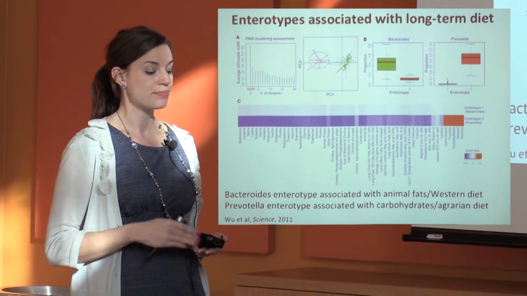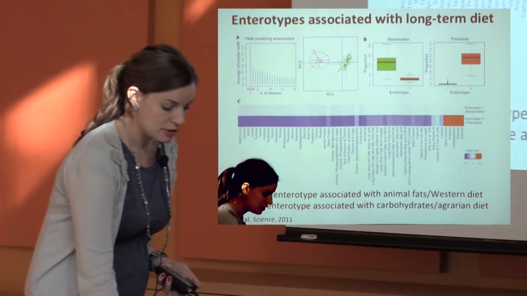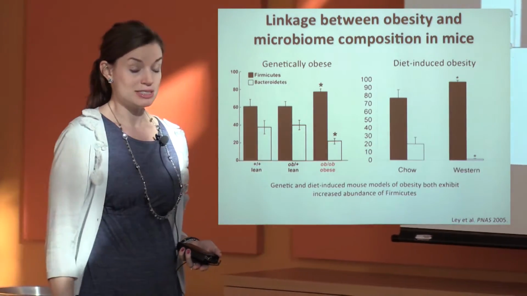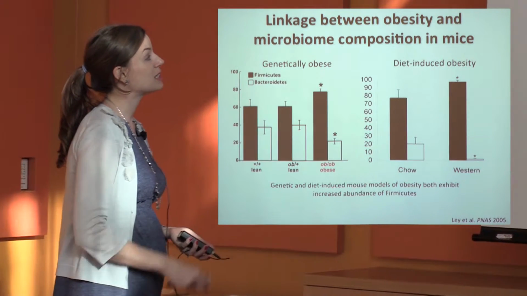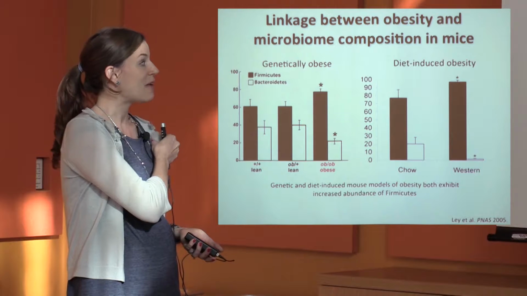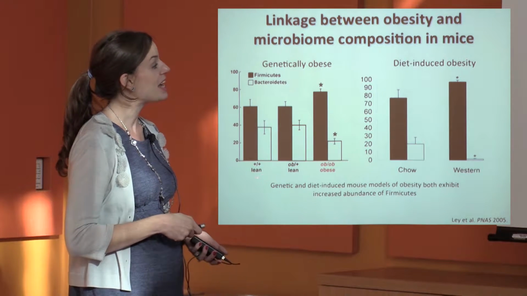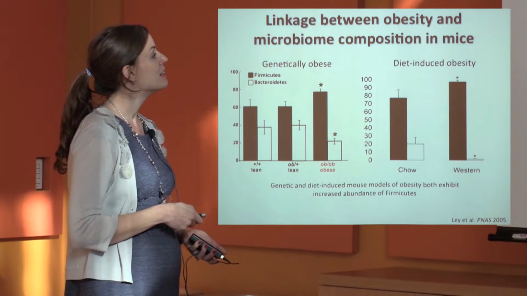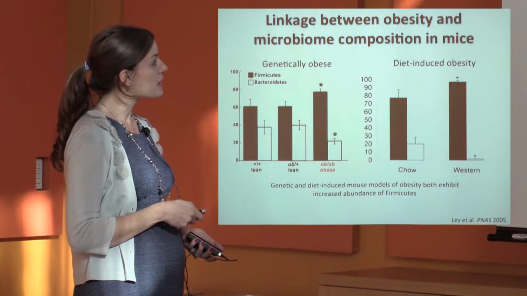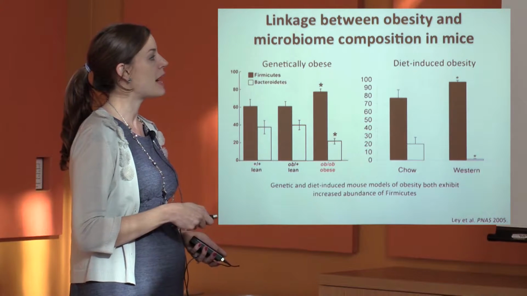So it seems like diet does have an effect on the microbiome, whether that's good or bad. There's still a lot of studies being done about this, but this is one of the landmark studies. It's now getting very old, 2005, I guess, but it was in mice, and they looked at the gut bacteria of these genetically obese mice.